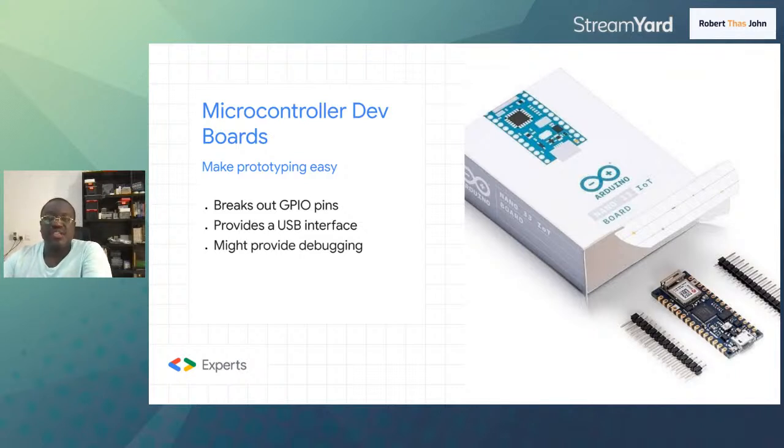So they break out the GPIO pins, and then they provide a USB interface. Again, because you don't program directly on the microcontroller, instead you program on a computer. The same way you write code for mobile devices on a computer and then transfer to the mobile device, is the same way that you'll write code on a computer for the microcontroller and then transfer onto the microcontroller.